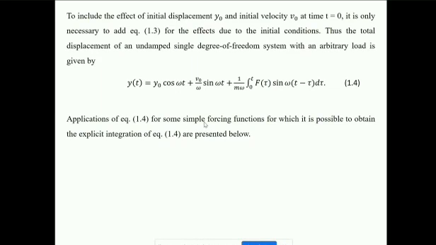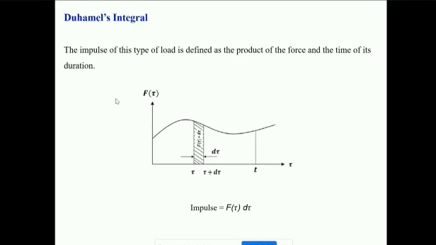Now, apart from this, if before the force is applied and the system starts receiving the force, it has any initial velocity and initial displacement, then another free vibration will be added.